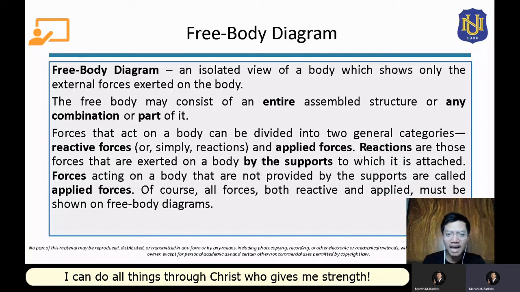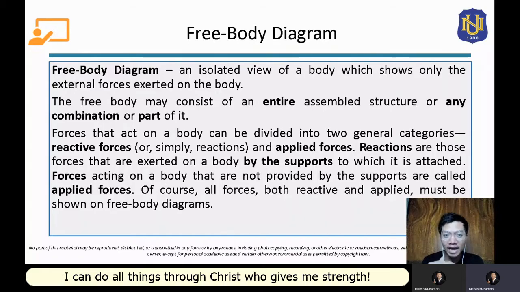Forces that act on a body can be divided into two general categories. There are reactive forces, or simply reactions, and the second one is applied forces. Reactions or reactive forces are forces that are exerted on a body by the supports. The forces produced by the supports to which the body is attached are called reactions. Forces acting on a body that are not provided by the supports are called applied forces.